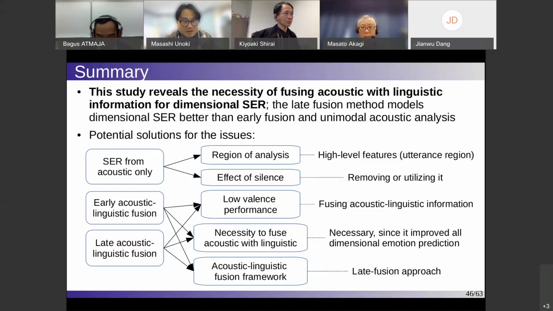But in my feeling, you have not revealed. You say just that the use of the fusion of the acoustic and linguistic information can improve the performance. This is my impression.